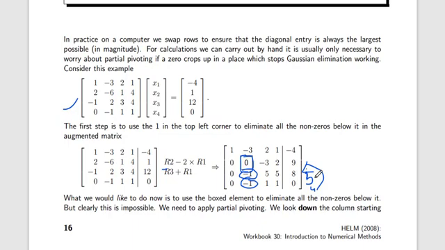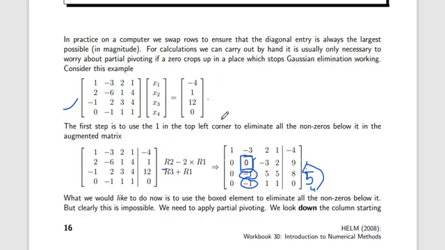So this is partial pivoting, which only means that if we want to make an elimination, we will swap the rows so that the diagonal element always has a much larger number than below it.